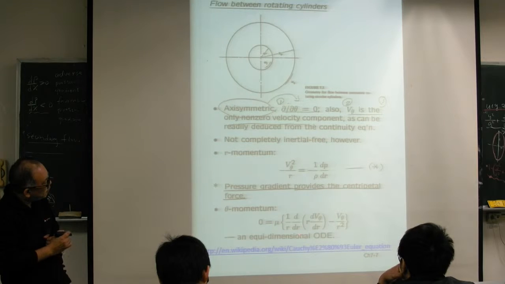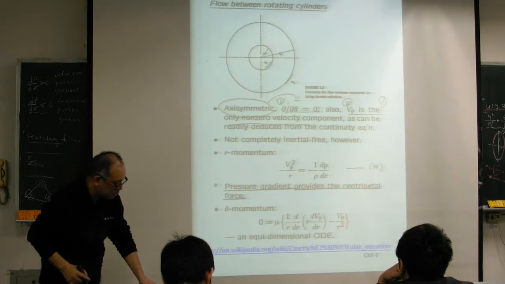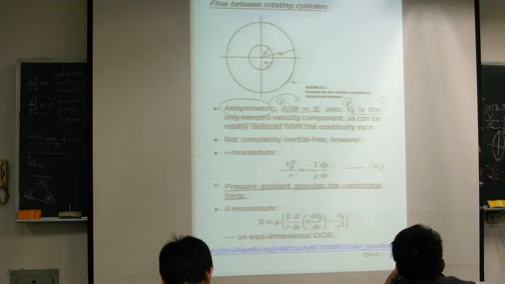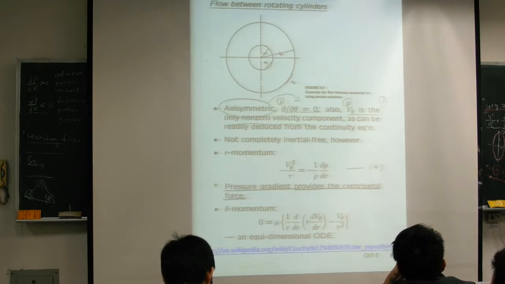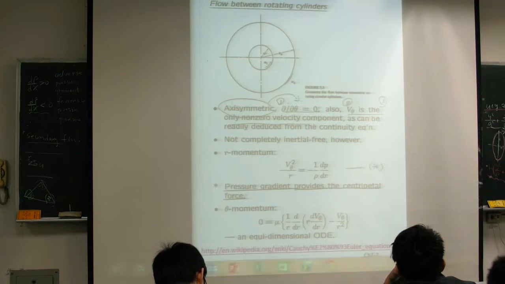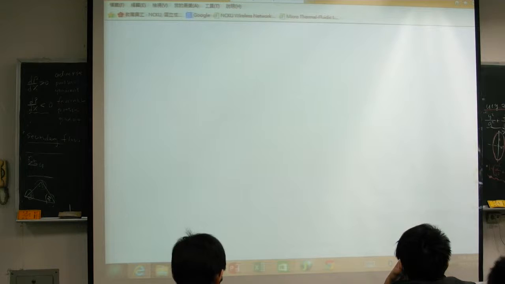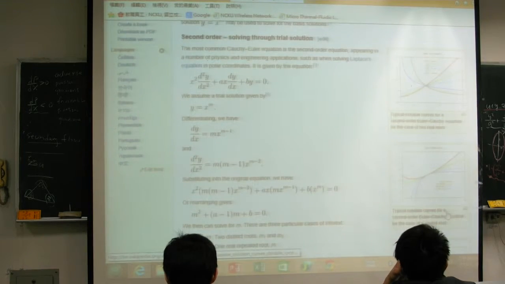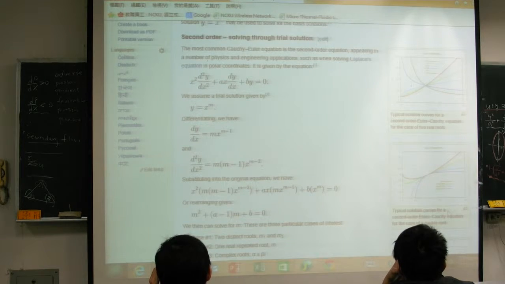From here, as you can see, this is called an equidimensional ODE. What is an equidimensional ODE? I think you learned that before in engineering mathematics, but you may forget. You may be more familiar with this form: x squared y double prime plus a x y prime plus b y.